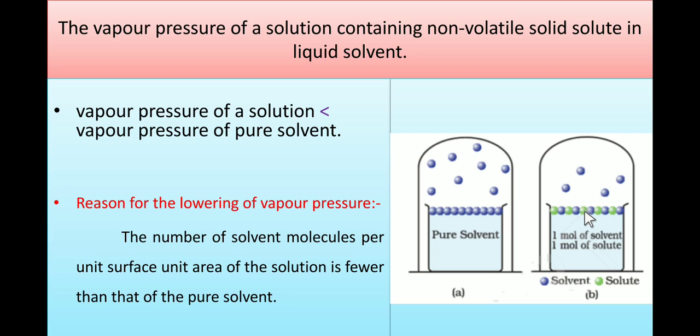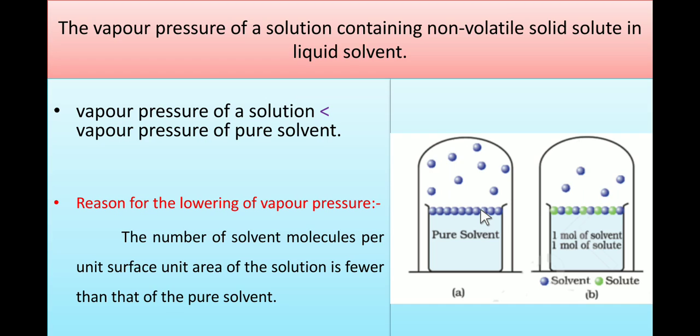At a given temperature, the vapor pressure of the solution containing non-volatile solute is always less than the vapor pressure of the pure solvent. The reason is that the surface of the solution contains solvent molecules along with solute molecules, whereas the surface of pure solvent consists only of solvent molecules.